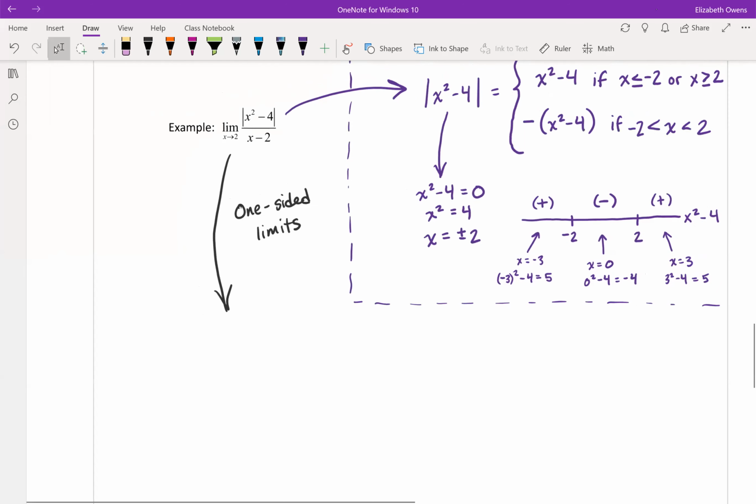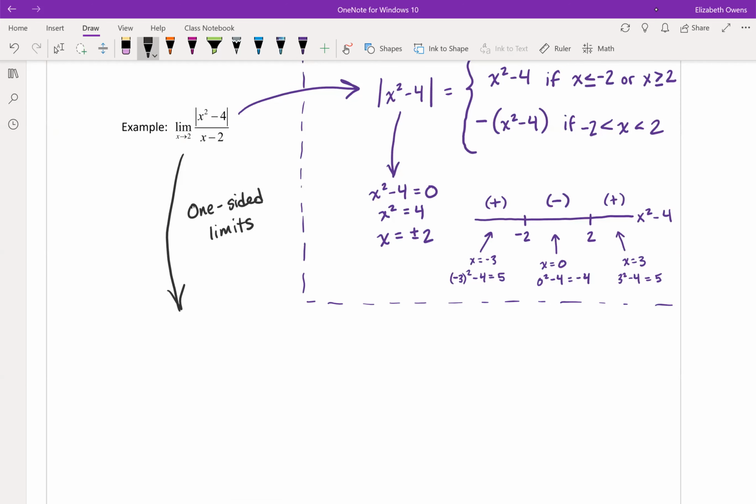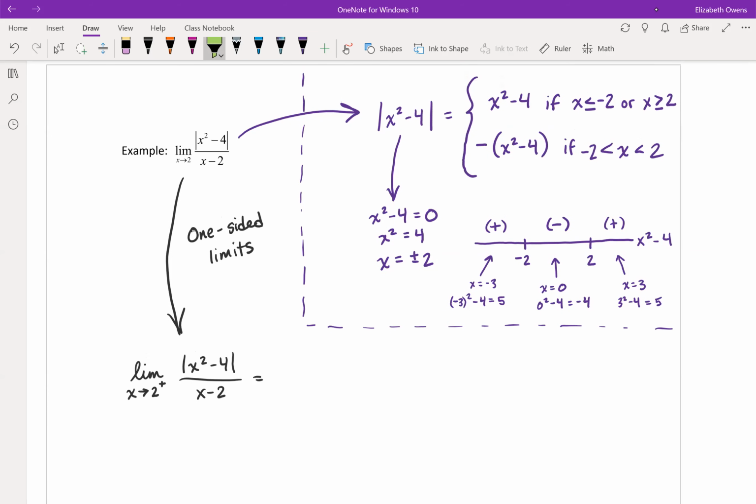All right, so first, let's take the right side limit, or right hand limit, x approaching 2 from the right of absolute value x squared minus 4 over x minus 2. Okay, and so what we're going to do is use our piecewise function here to rewrite this numerator without absolute values.